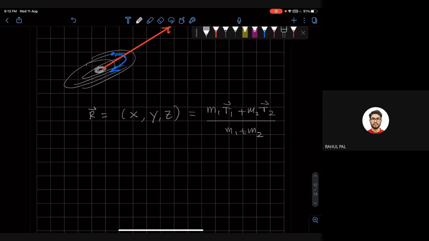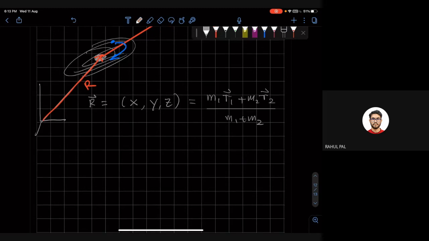So if you have some reference frame like this, for the sun, of course, the center of mass will coincide with approximately somewhere inside the sun, because the sun is so big. So this would be R. And then there will be another vector which is going to give you the relative motion between the two particles, and let's call it small r.